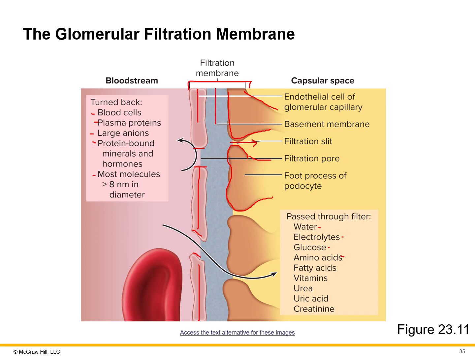Glucose can get through, amino acids, fatty acids, vitamins, waste products. And again, the waste products are what we want to get out. Some of these, we might have to reabsorb. We don't want to lose too many electrolytes or too much water. But we will see that in the next step of our urine production.